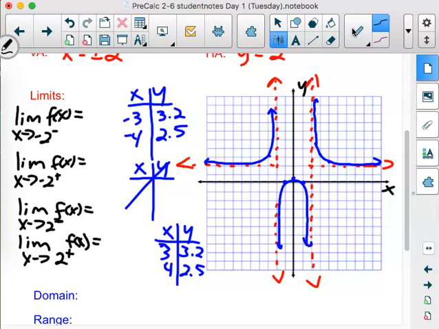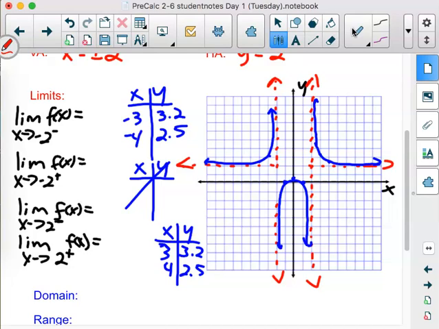And the limit as we approach +2 from the right. But this time I want your help with this. So fill in those blanks. And somebody please unmute and give me the limits for -2 from the left and the right, please.